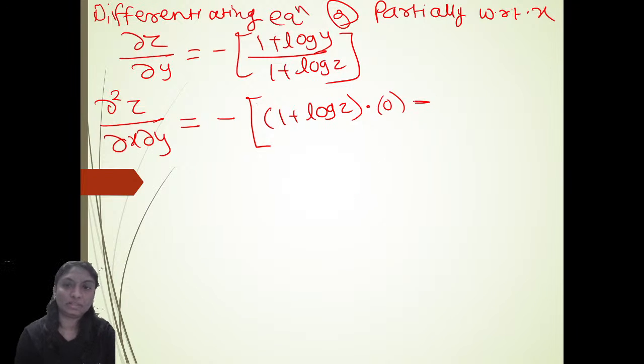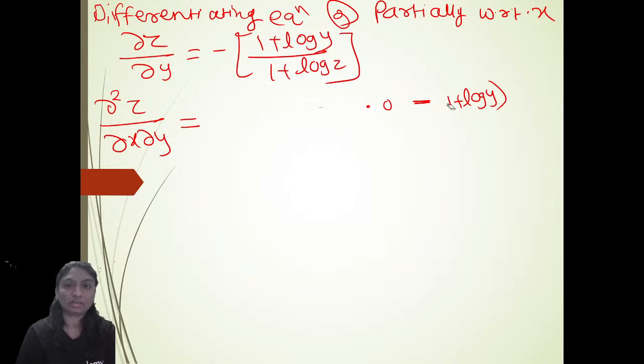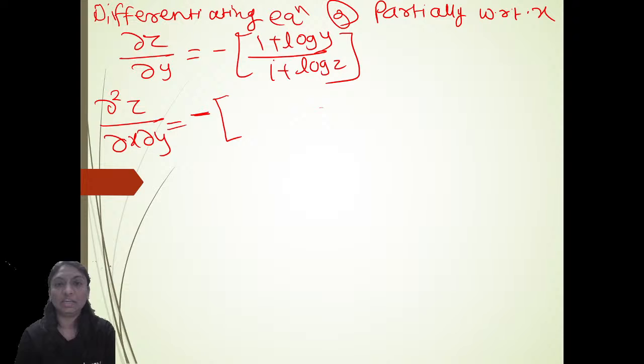Now minus, because differentiating partially with respect to x, y is constant, so 0 minus u dv. u is our 1 plus log y into, so minus into bracket u dv minus v du, so v into du will be 0, minus because it is constant, minus u into dv. u is our 1 plus log y into derivative of 1 plus log z.